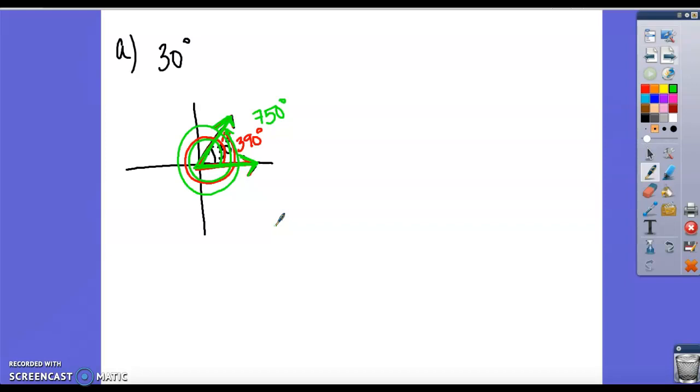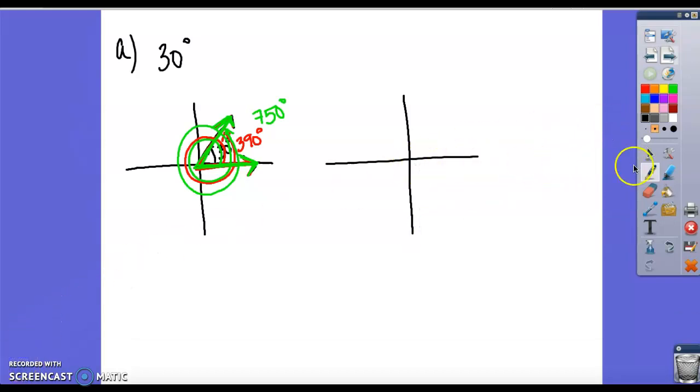So I could do this an infinite number of times. The directions said to find a positive angle that's coterminal with the given angle, so I could write either one of these. I could add 360 again, and again. Those are all coterminal. They look the same, but they have different measures.